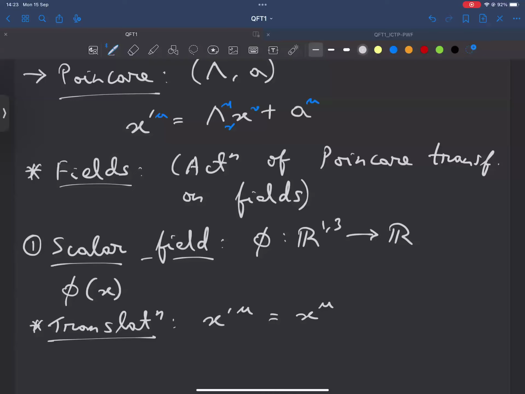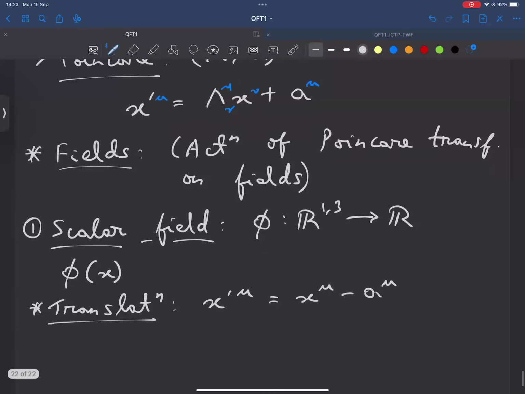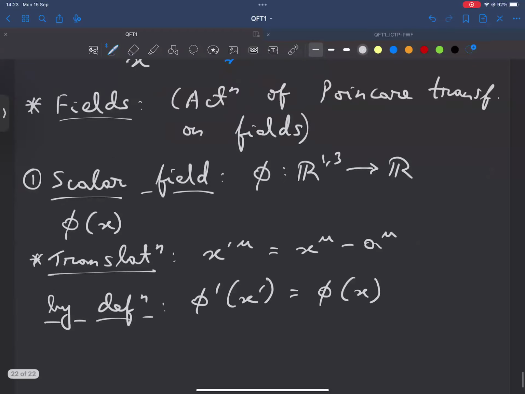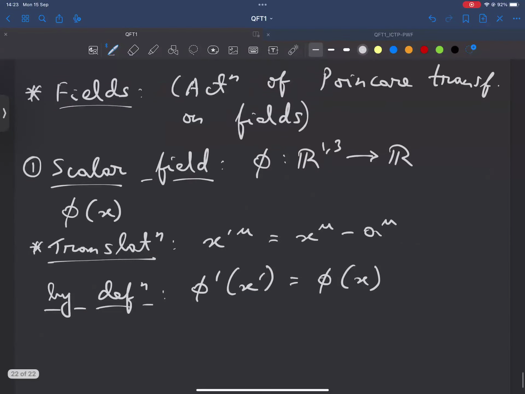Let's consider a frame which is just translated from the unprimed frame. Since this is a scalar, by definition we will have that phi prime in that new frame, at x prime, will just be equal to phi of x. That's the definition of a scalar field. There are no extra indices. Now, this we can write as phi prime of x minus a equals phi of x.